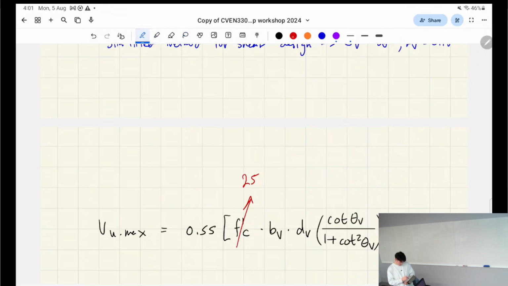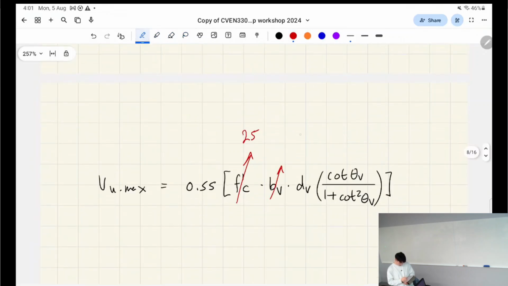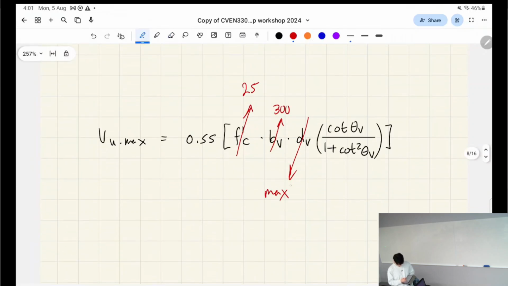So the shear width is always going to be the web width, or in our case, since we have a rectangle, what I just said doesn't matter. But like, if you have a T-beam, this will matter, right? So this shear width was 300 mil. DV, okay, DV is the internal lever arm of your section, which has this formula, right?